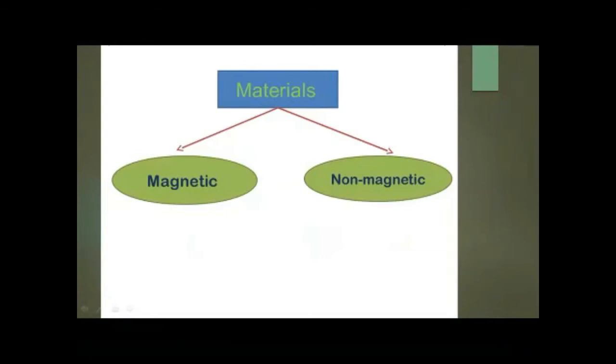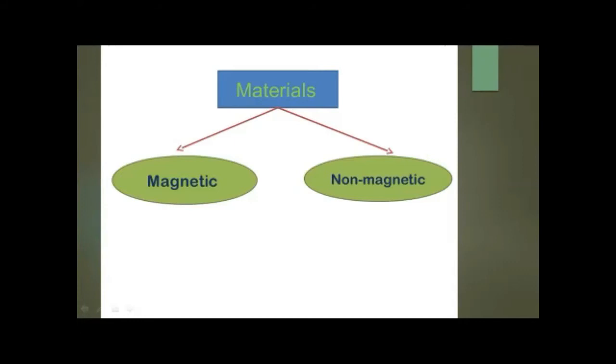Students, do you know that not all materials in our surroundings are attracted by a magnet? Materials can be categorized into two categories: magnetic materials and non-magnetic materials. I'm repeating again.